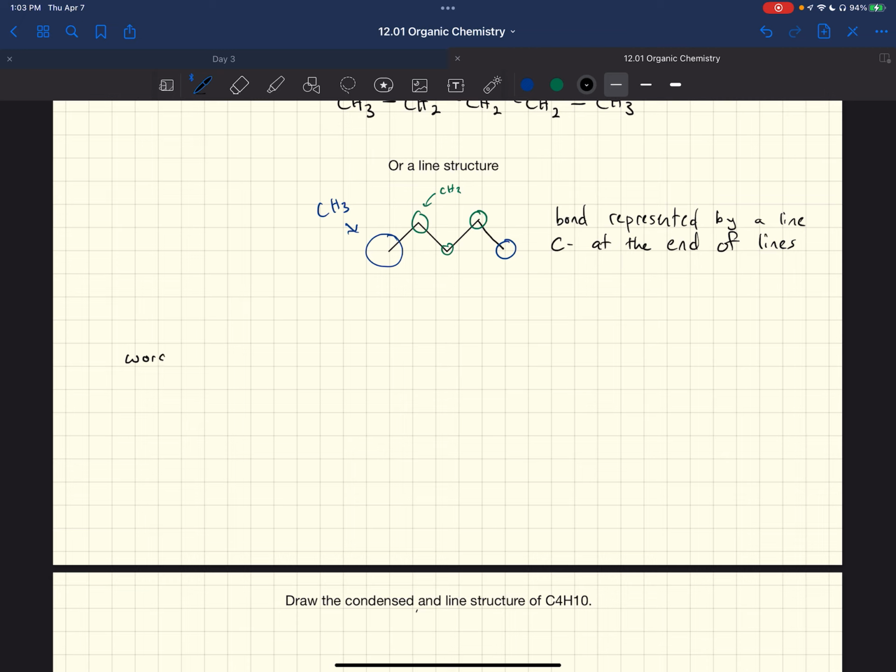So we have a lot of different ways of representing a compound, right? I could use the word, like butane. Okay. I could do a structural formula. So that would be 4 carbons attached.